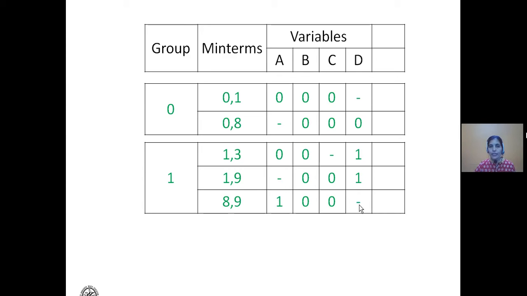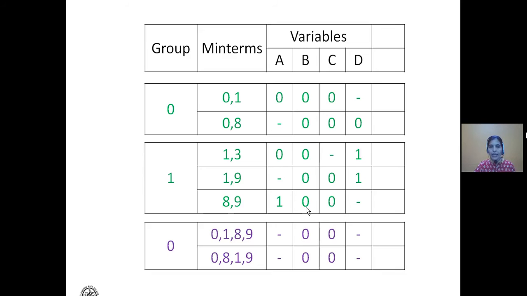So obviously the group can be formed with only 8 and 9. If the dash matches, then let's look at the remaining three variables. A changes from 0 to 1, B is 0, and C is 0. So from among the three variables, only A, that is one variable, is changing, and the remaining two, B and C, are constant. So we put a dash at A, and the dash at D is retained as it is.